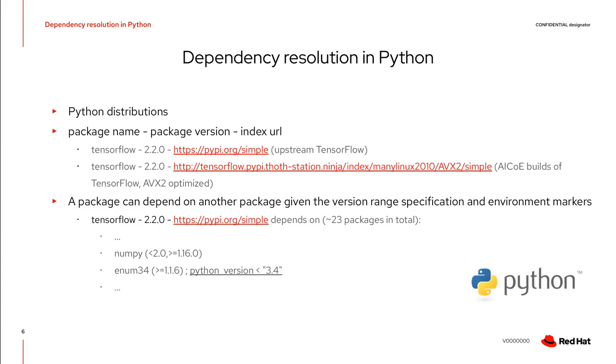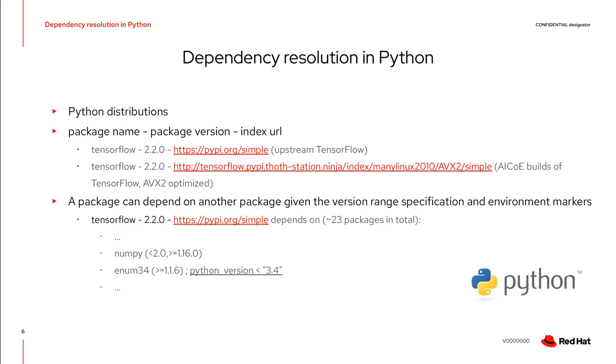If you install some library, most often it depends on some other packages, and this fact is stated using version range specification, and these dependencies can also be conditional. So for example, TensorFlow has nearly 23 packages that are dependencies of TensorFlow, and it has, for example, NumPy, with the given version range specification.